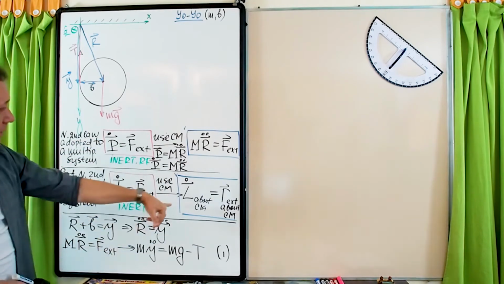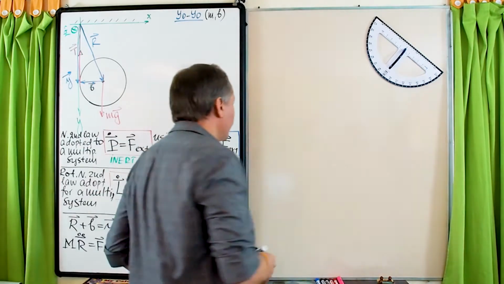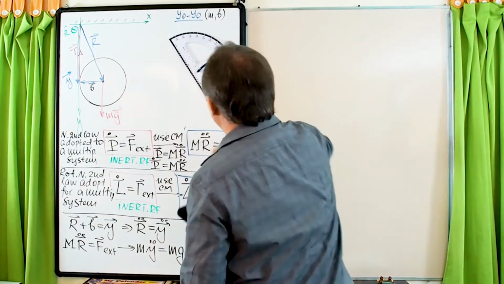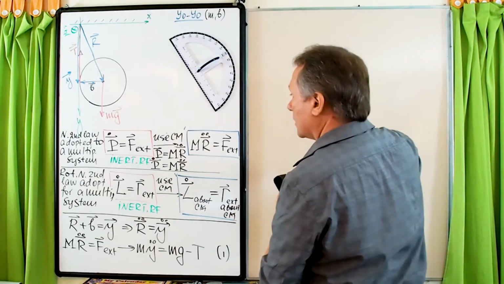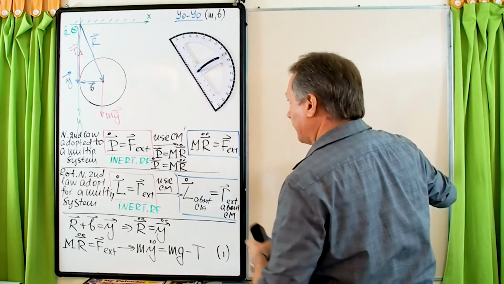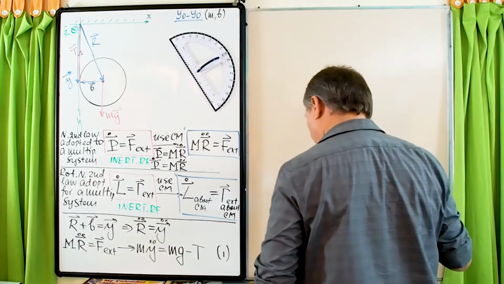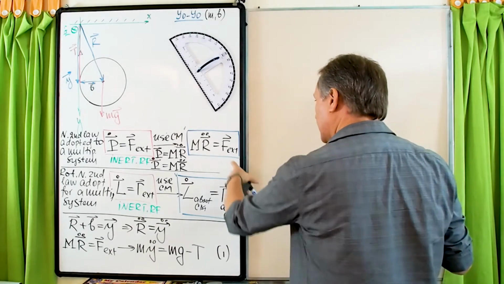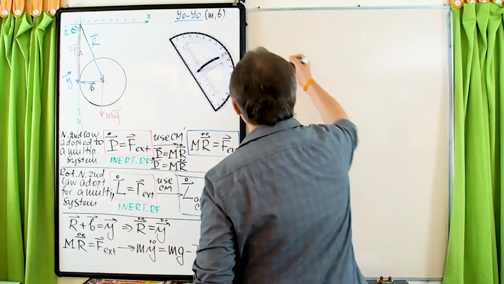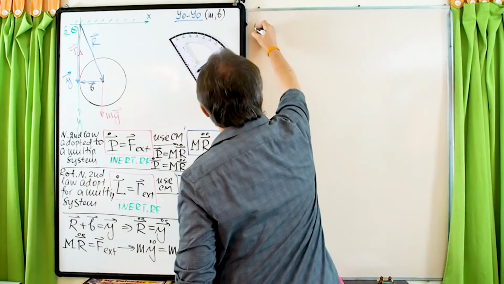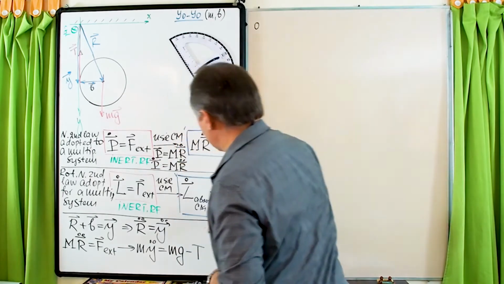So let's use the second equation. Let's write down torque first, about the center of mass. The torque produced by mg will be 0, since it's 0 crossed with mg. Then plus the torque produced by tension, again about the center of mass.